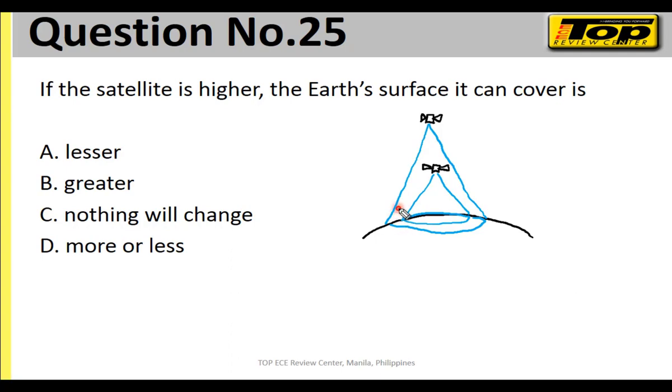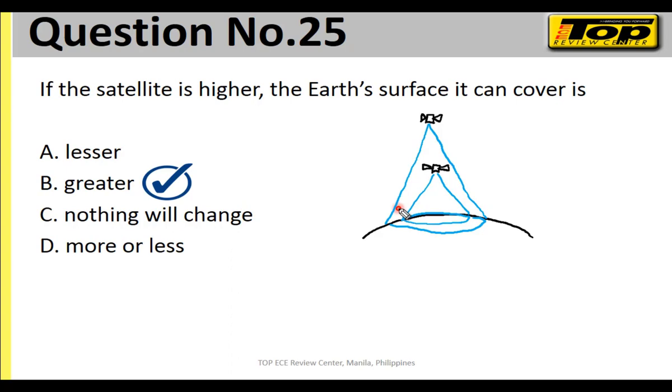Kaya nga yung geosynchronous satellite, which is around 35,000 kilometers away from the surface of the Earth, kahit 3 satellite lang, kaya niyang i-cover yung buong mundo. Hindi katulad ng LEO at saka ng MEO, low Earth orbit, that is LEO, medium Earth orbit, that is MEO.